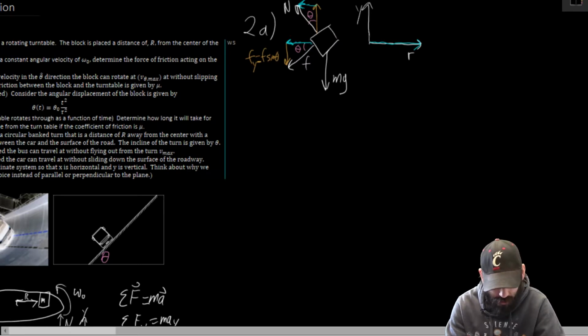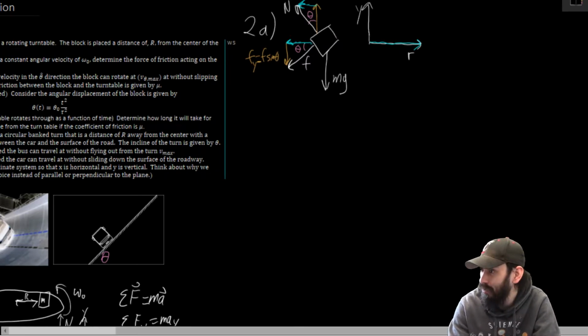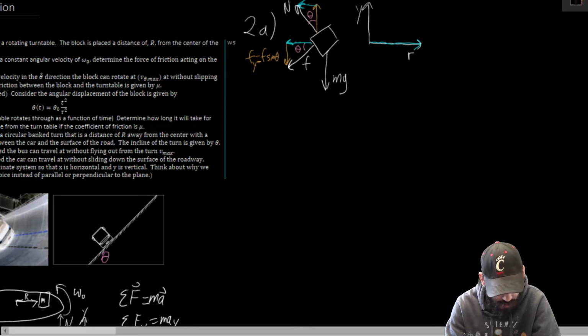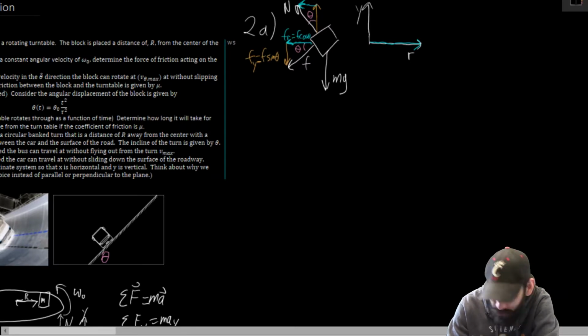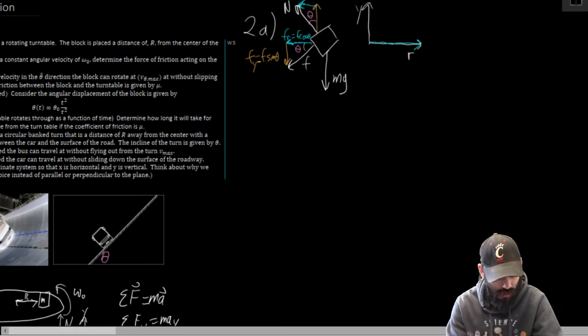And it is negative, but we're taking that into account here because we have this arrow pointing down. And then this term right here, F sub r, is going to be F times cosine of theta. Again, we're taking the negative sign into account here already.